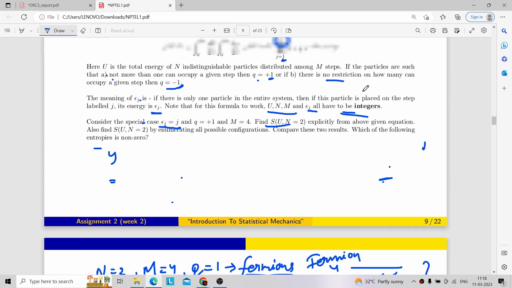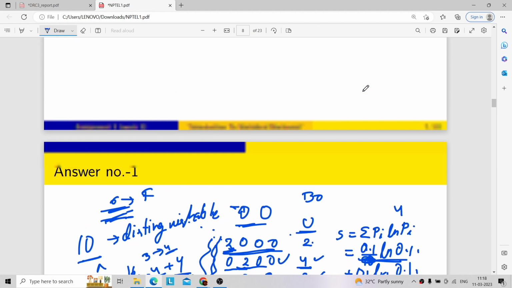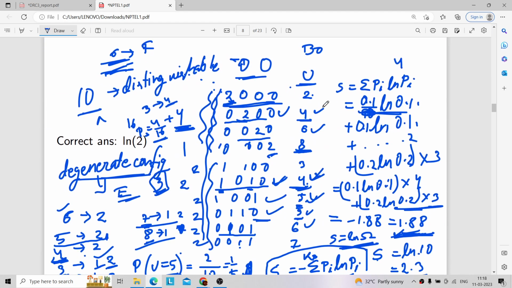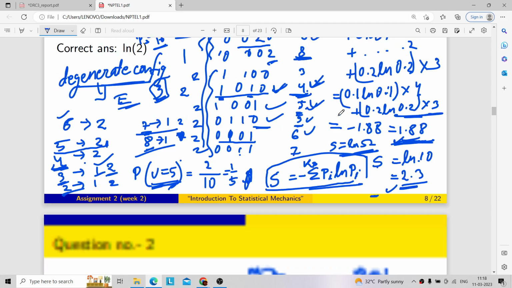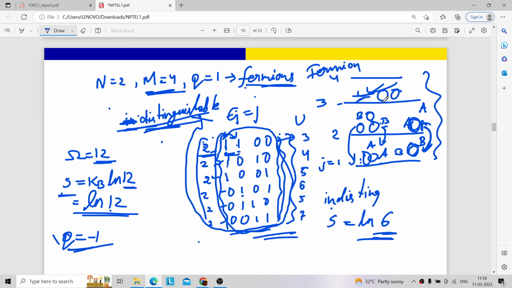For boson, I can put any number of particles in each state. And there is no meaning of arranging these particles in these configurations if they are indistinguishable. If they are bosons also, if one is here, one is here, A and B, and I can distinguish between them, I can rearrange them, like I can put B here, then A here, then I can have additional ways of arranging.